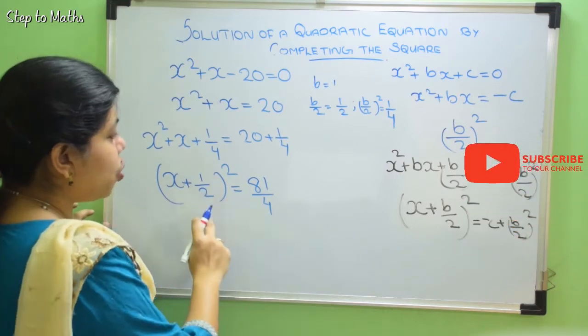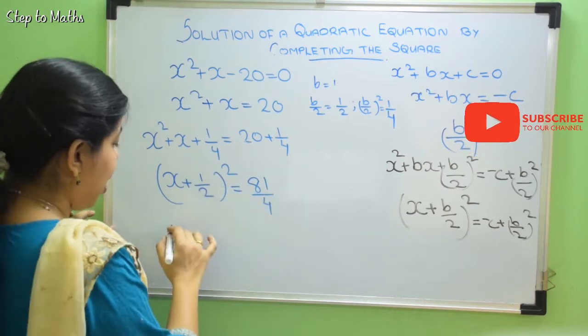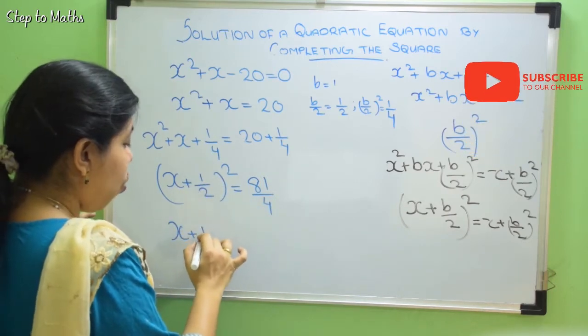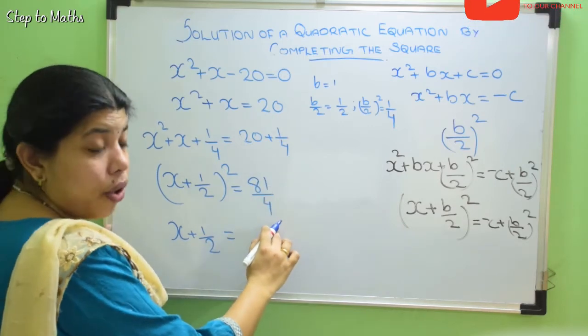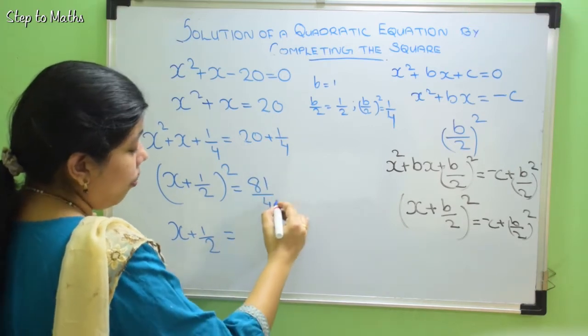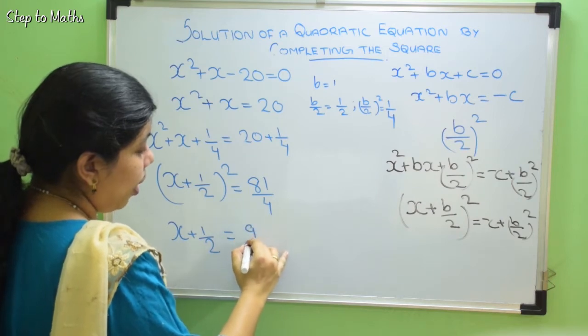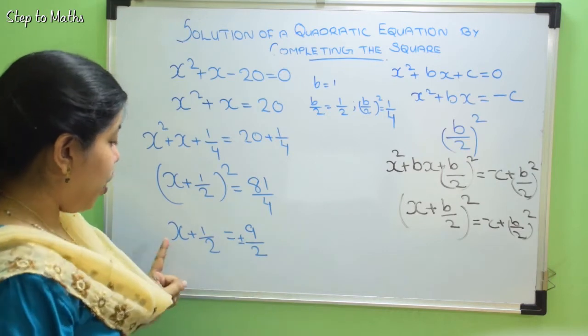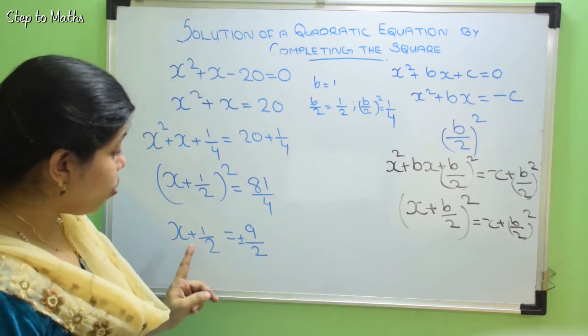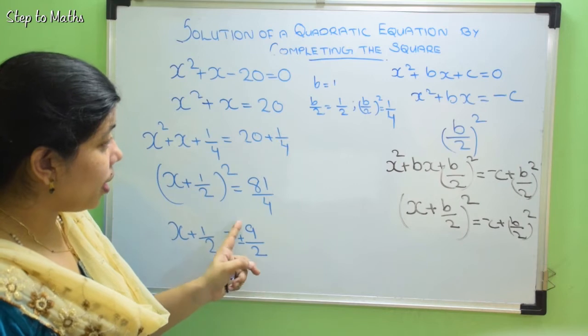The root of x plus 1 by 2 square is x plus 1 by 2. The root of 81 by 4 is 9 by 2, plus or minus 9 by 2. Now we get x plus 1 by 2 is equal to plus or minus 9 by 2.